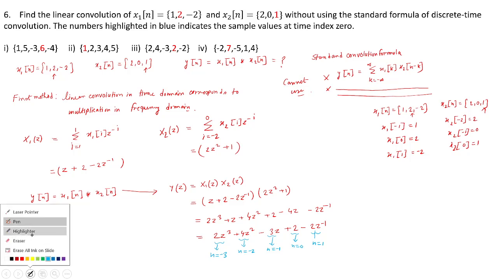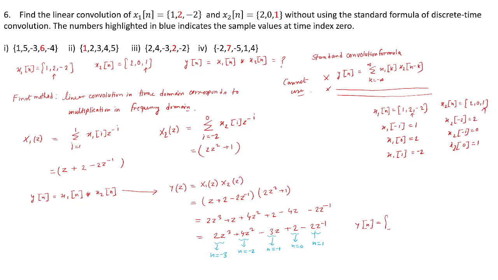Therefore, from this we obtain y[n] as follows. We have 2 at -3, 4 at -2, -3 at -1, 2 at the 0th index, and -2.